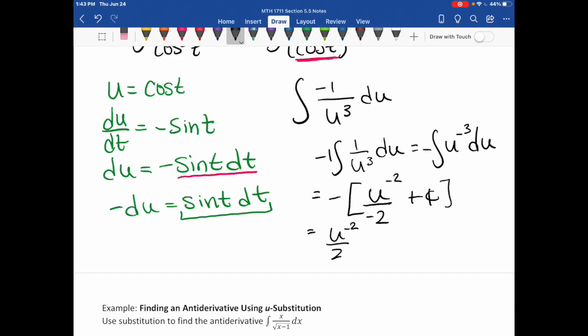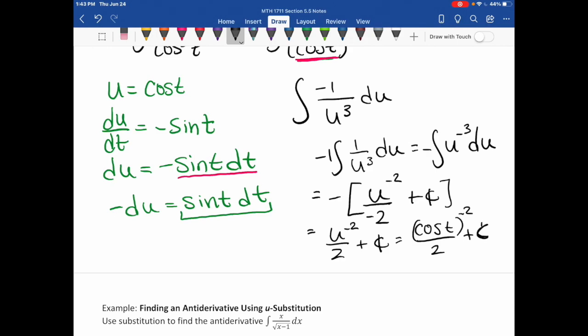The two negatives make that a positive: u to the -2 over 2 plus my constant. I don't have to write my constant as a minus c because that constant is arbitrary, but you can if you want. Now I can go ahead and resubstitute u for cosine t.